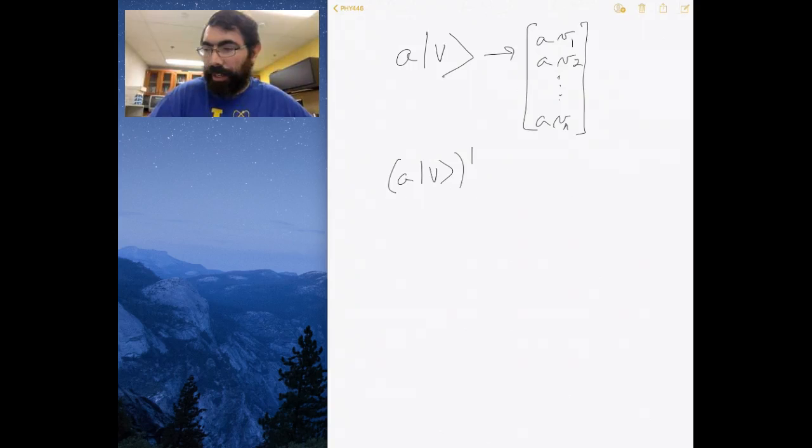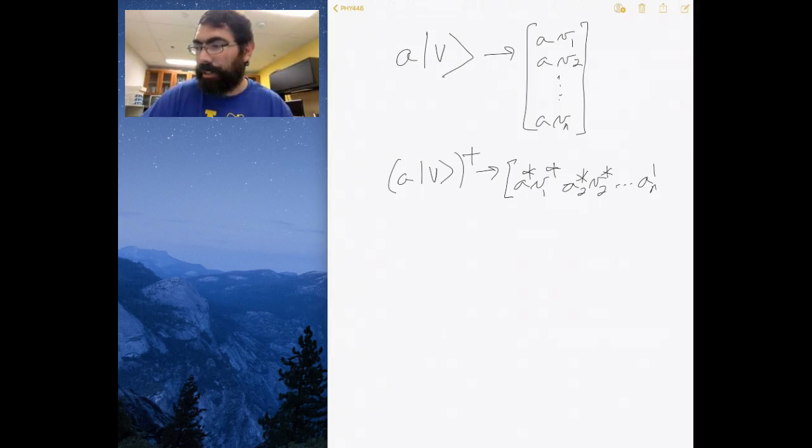If we think about taking the adjoint, that's turning this into a row vector, and I have to take the complex conjugate of both the scalar a and the vector. So this becomes a-conjugate times v1-conjugate, a-conjugate times v2-conjugate, dot, dot, dot, a-conjugate times vn-conjugate.